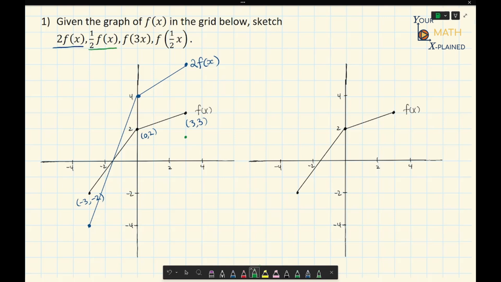And then our (0, 2) is going to become (0, 1). And then our (-3, -2) is going to become (-3, -1). So this is what we're going to end up with. And you can see that this is just the original graph compressed by a factor of 2 vertically.